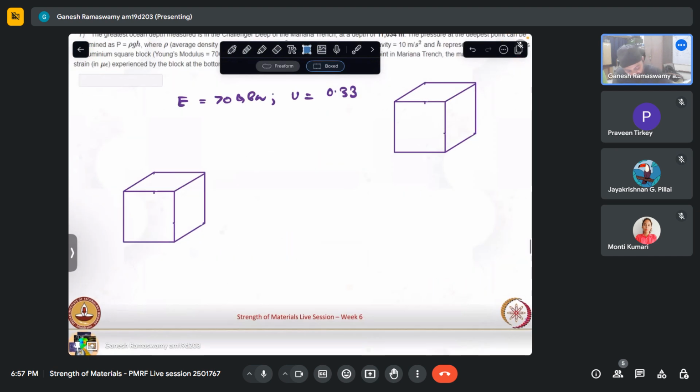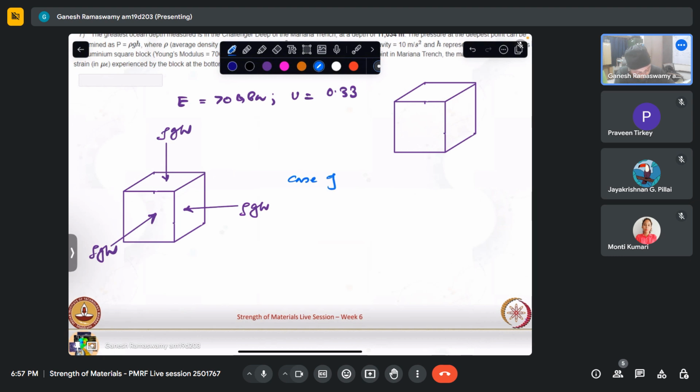In this case, there would be a compressive stress along all the axes, and that compressive stress will be nothing but rho g h. So this is a case of hydrostatic compression.